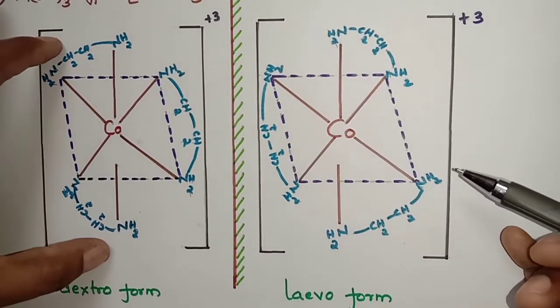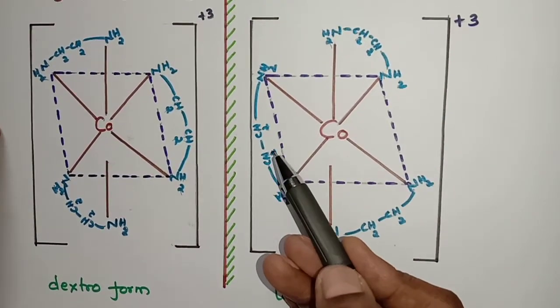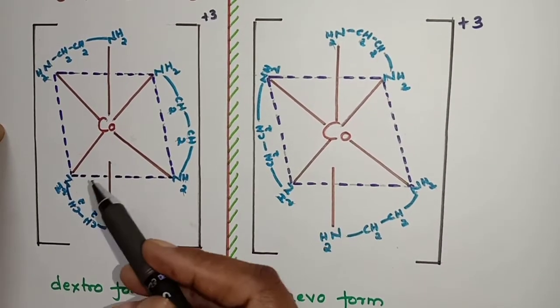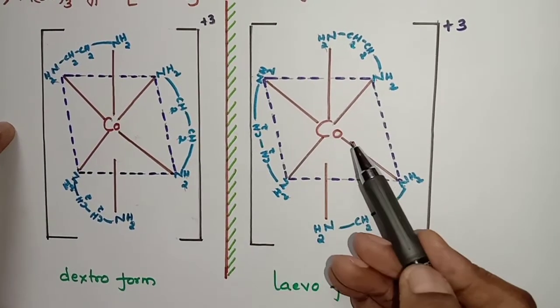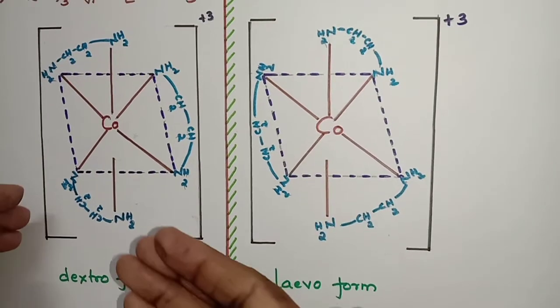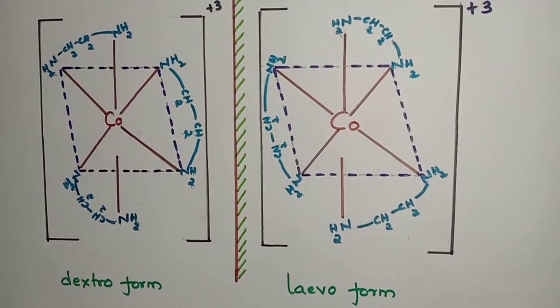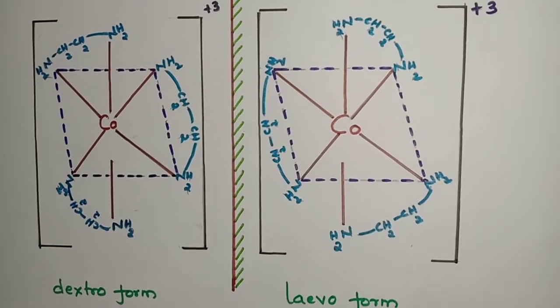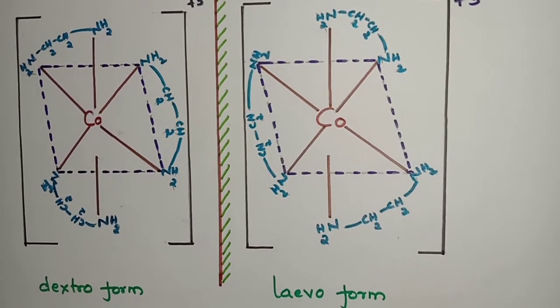So, these 2 groups are on the right side and this group appears on the left side. Okay, students, clear? So this is the mirror image of the dextro form. These 2 are mirror images of one another, and when you place this isomer on this, they are not superimposable. Hence we call them non-superimposable.